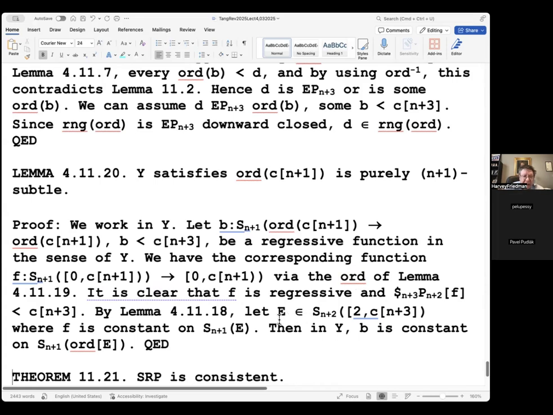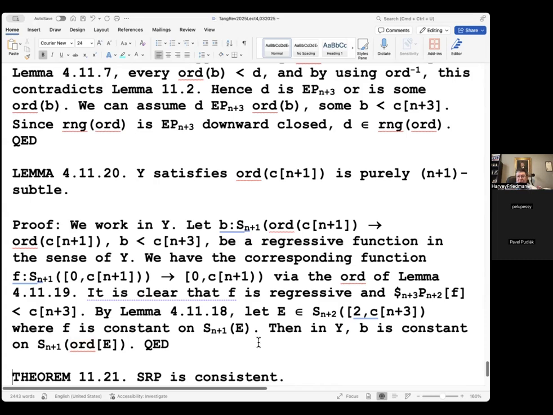And then, because of the large cardinal idea that we proved holds in W, we get an E, which is the indiscernibles that we want, and then we go back to Y, and we see that B is constant on the ordinals that they represent.